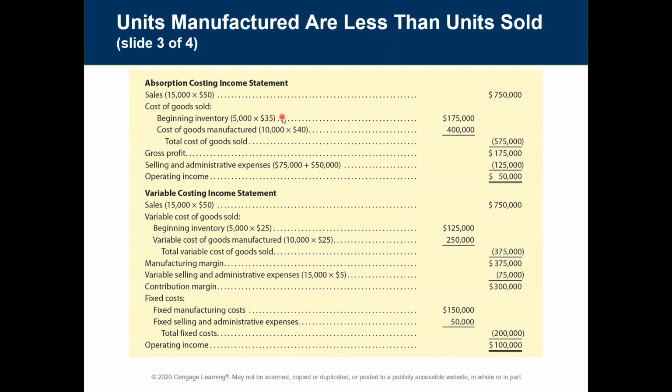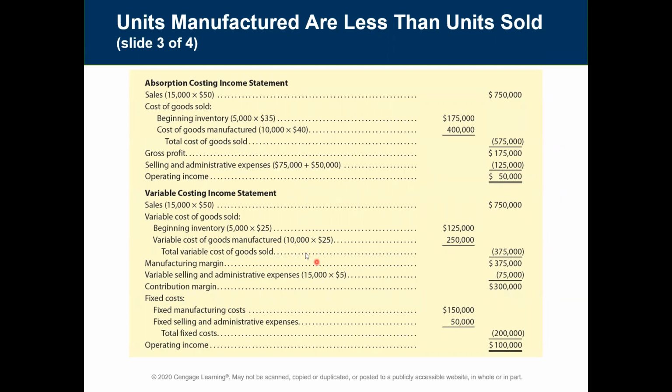All of the fixed costs remain with the product. And so this $35 per unit for the beginning inventory includes fixed costs that were not from this period, from this month or this quarter or whatever this statement covers. And so under absorption costing, the operating income is $50,000. We're basically being penalized for fixed costs from a prior period.